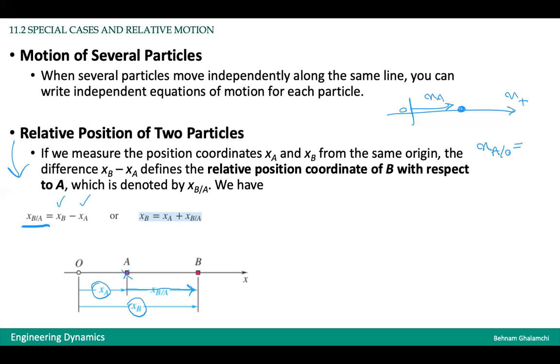Based on this definition, that is XA minus XO. We already know that this is the origin, so the value is 0. So whatever we define as the position of A with respect to the origin is perfectly fine. This is XA. Then we are able to find the relative position for two different particles, particle A and B, which is what I explained here.